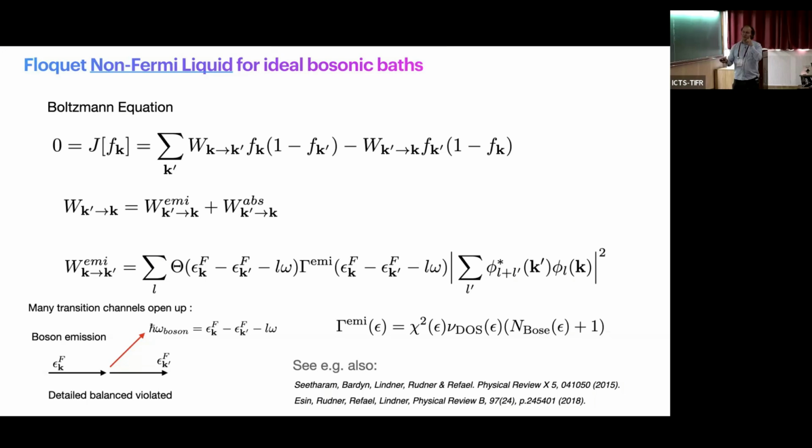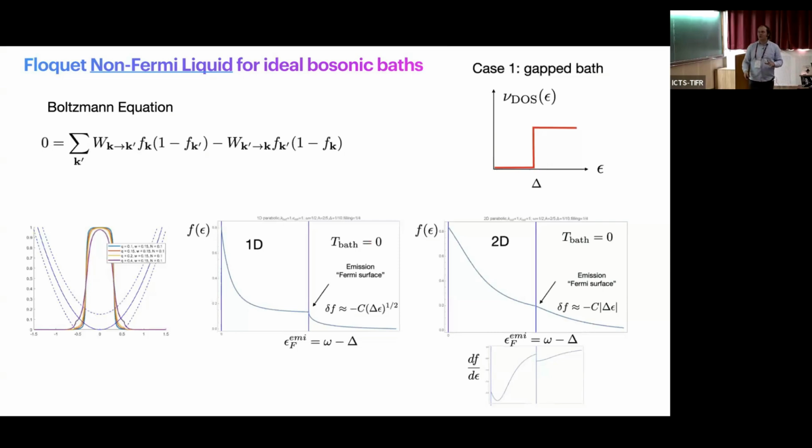So the Bose occupation of the bosonic modes of the bath. Okay, these equations have also been derived by a few other people in the literature. So we take this Boltzmann equation and we just put it in the computer. We cannot do analytics. And these are the solutions, okay?